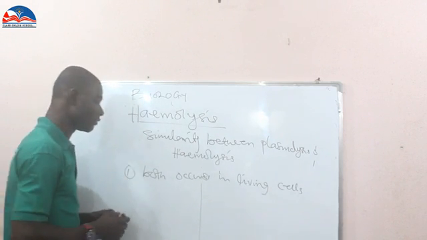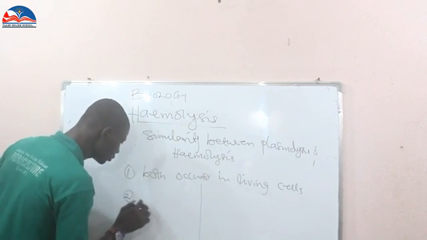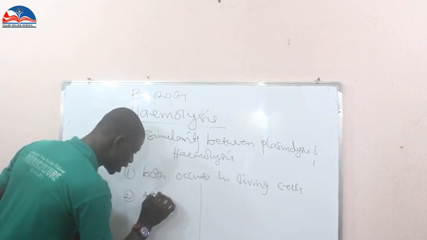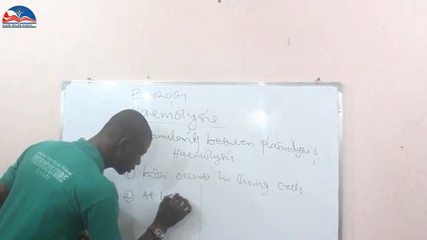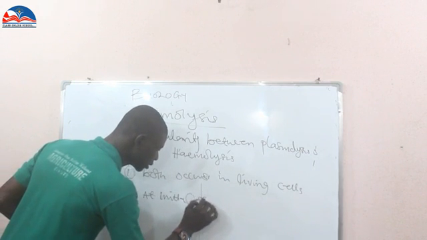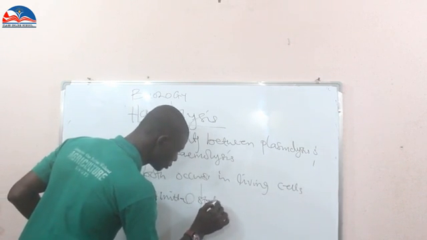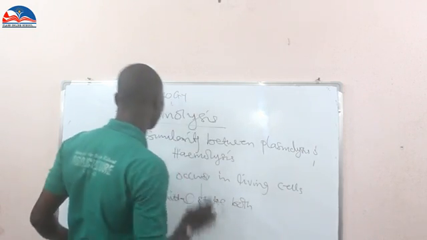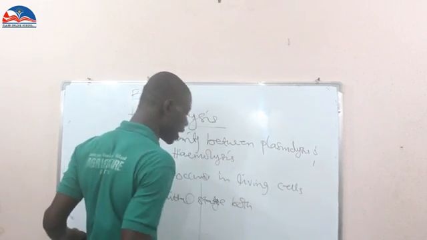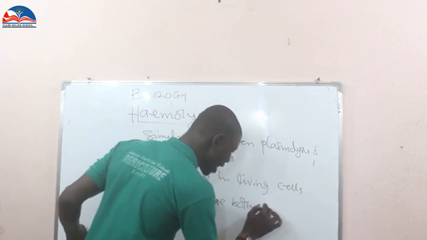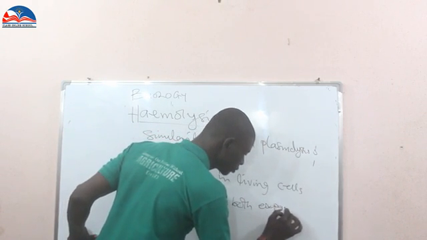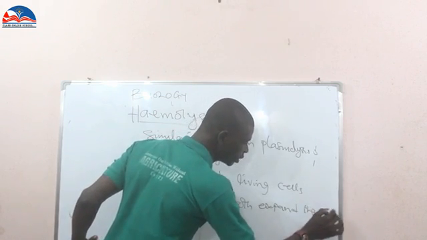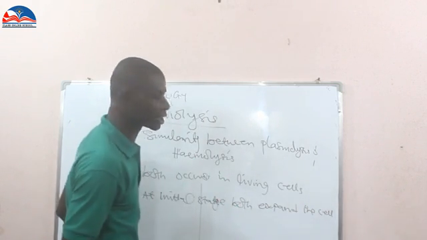Number two, at the initial stage, both plasmolysis and hemolysis cause the expansion of the cells.